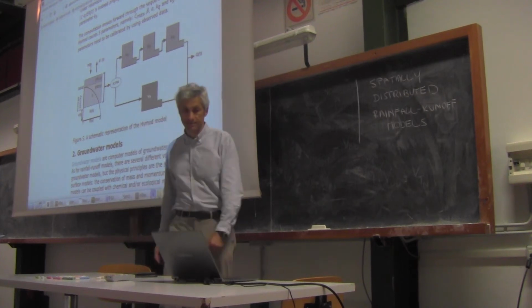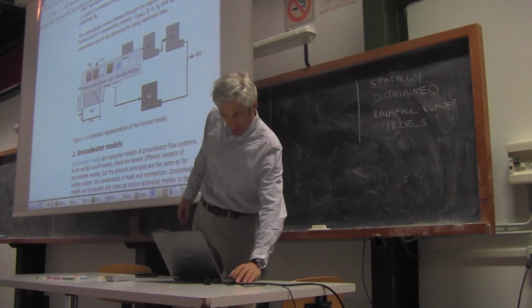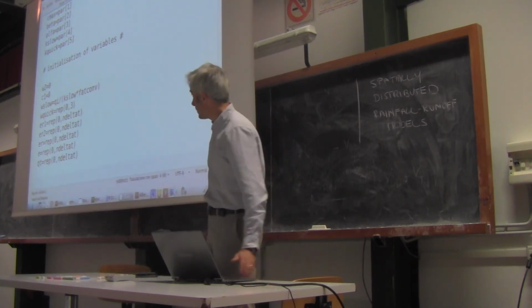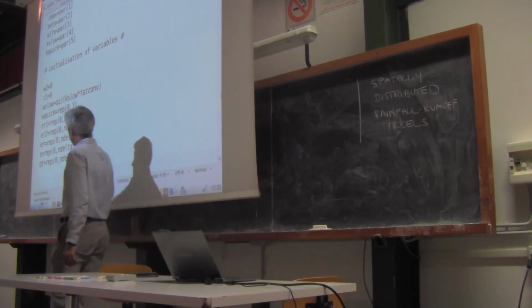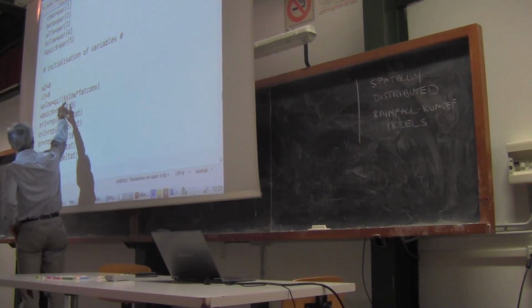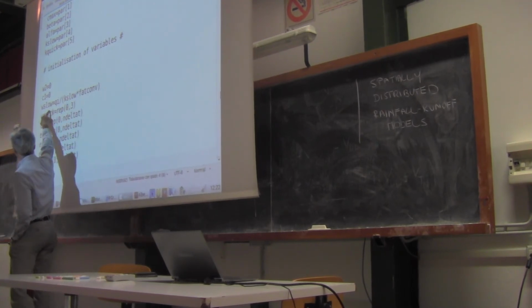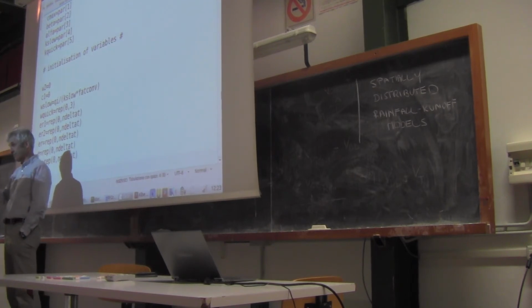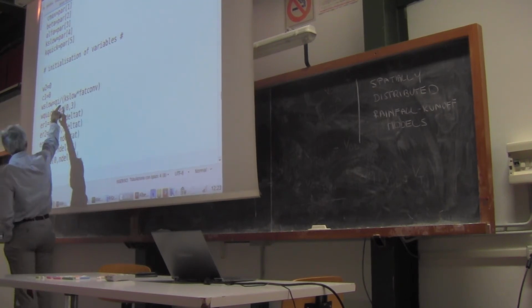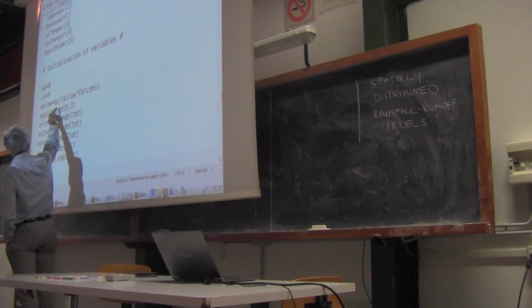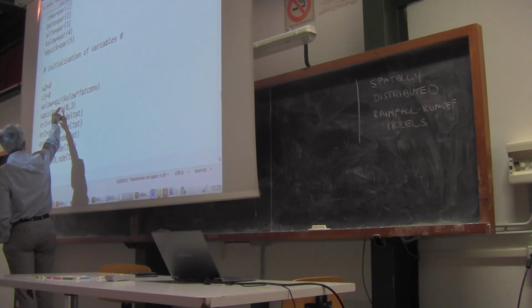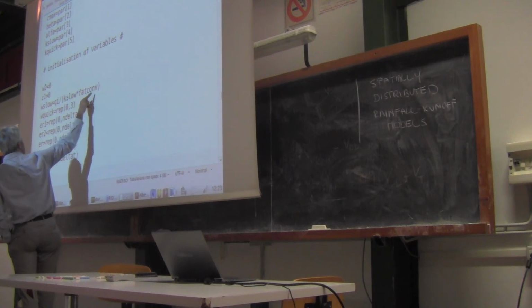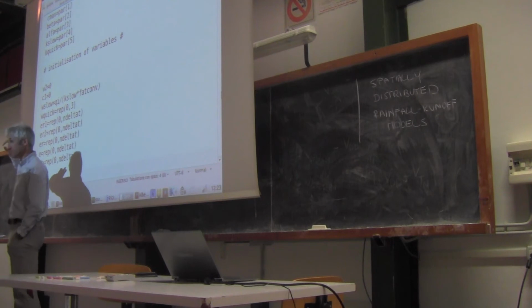How can I do that? Let's look at my code. You see, I can do that by writing that W slow, which is the storage in that unique reservoir, is equal to Qi, the first river flow that I want to simulate, divided by K slow times the conversion factor.